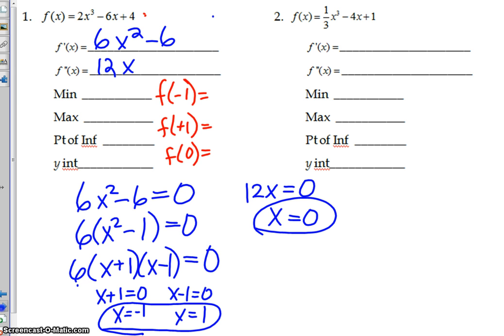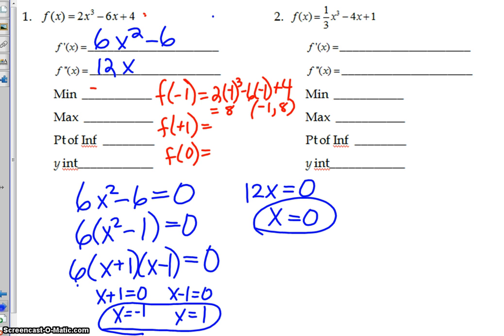F of negative 1 is 2 times negative 1 to the third minus 6 times negative 1 plus 4. So here I'd have 2 times negative 1 is negative 2, and this would be plus 6, so we're at 4, plus 4 would be 8. So here we have the point negative 1, 8.